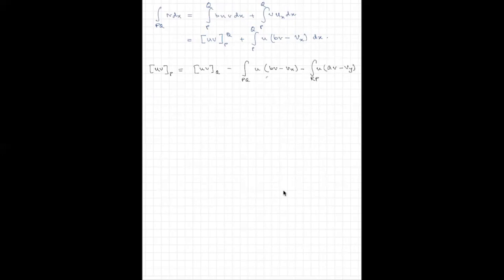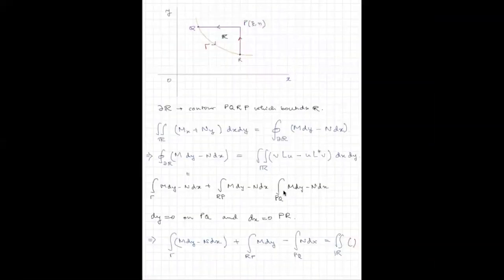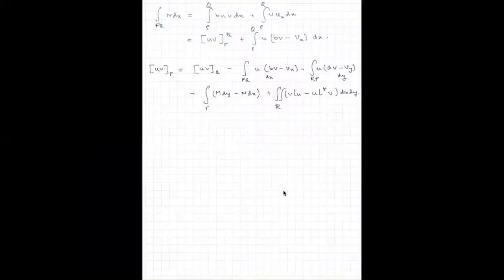So this one has a dx and this one has a dy, of course, minus the integral over the gamma of m dy minus n dx plus this double integral over R of (vLu minus uL*v) dx dy. So we have just used this and a similar thing for the other integrals. So we have used it for this one and this one, and we have rewritten the equality that we have here as this guy.